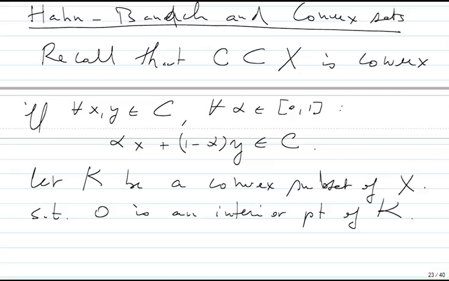So it's not really an assumption. This should be looked at from a geometric point of view. Okay? So we know that there exists epsilon such that the open ball centered in 0 with radius epsilon is inside K. Okay?